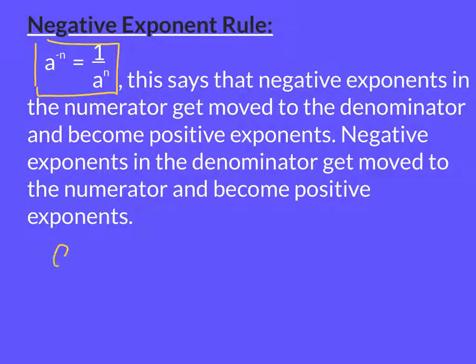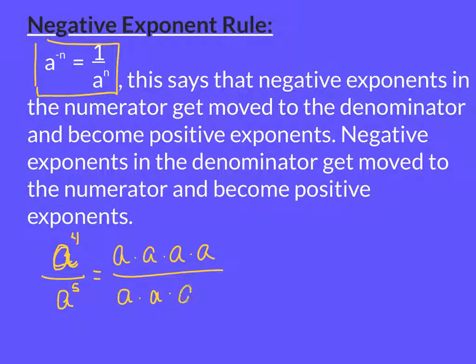Let's pretend we had a to the 4th power divided by a to the 5th power. If I write that out, it's a times a times a times a, divided by a times a times a times a times a.